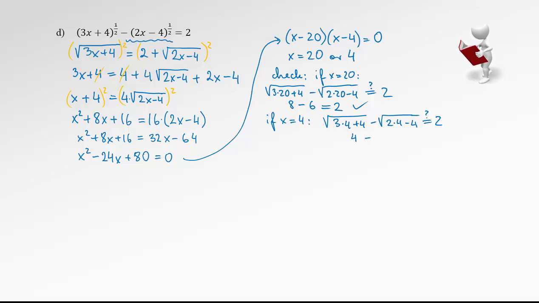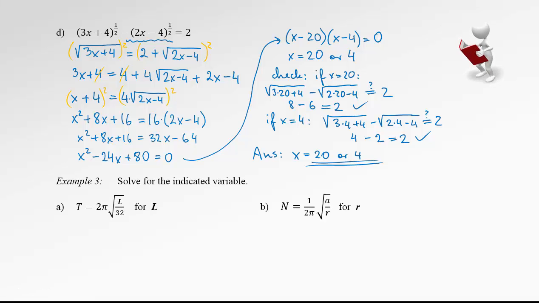Minus the root of 8 minus 4 is root 4, so it's 2. Yes, it is 2. So this solution also works. Therefore, our final answer for this question is x is equal to 20 or 4. There are two possible answers. Finally, let's solve some formulas that involve radicals for a given variable.